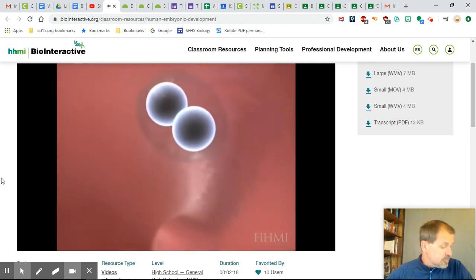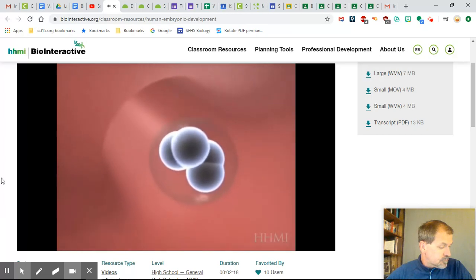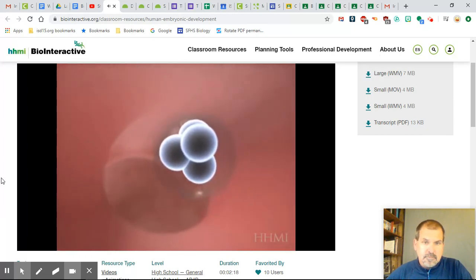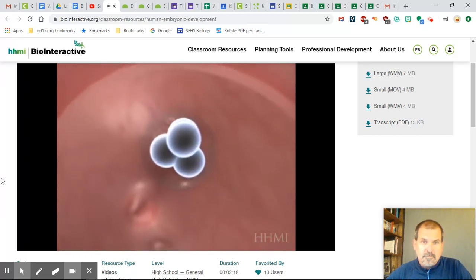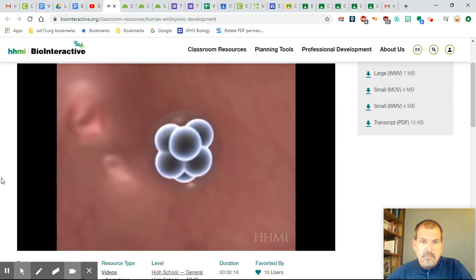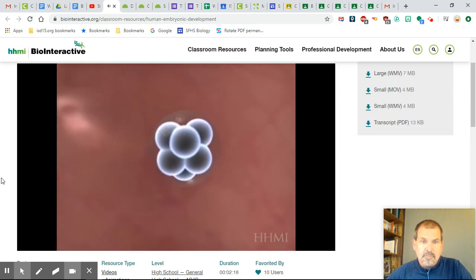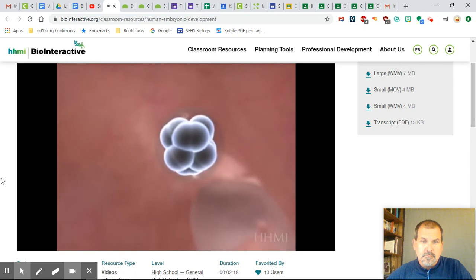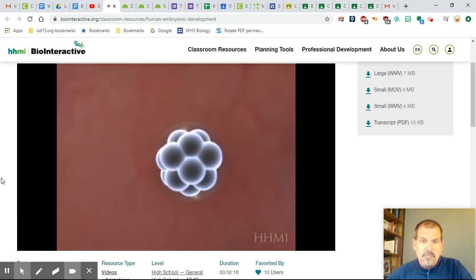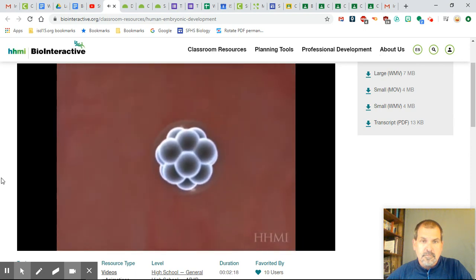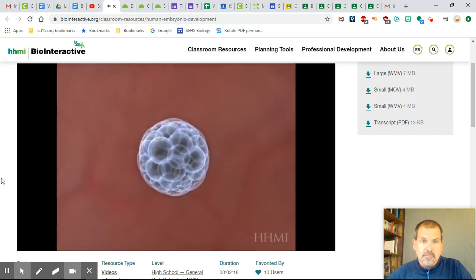Here you see early cleavage stages occurring. And this is one of the early growth phases. As the embryo moves down the fallopian tube, it's going to form an important stage called the blastocyst here in a few seconds. Of course, in real life, that takes days, about 5 days.